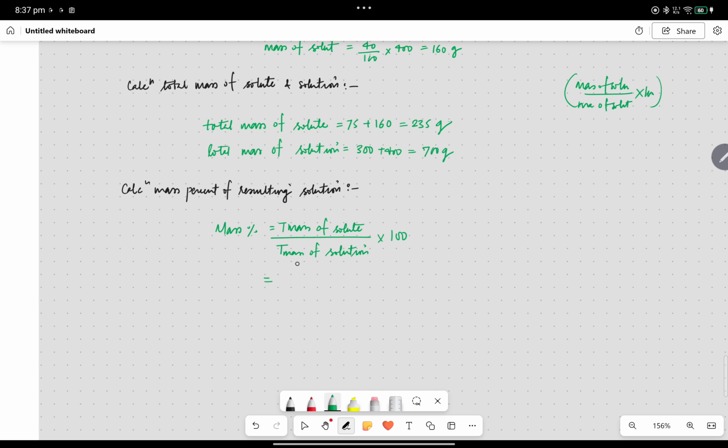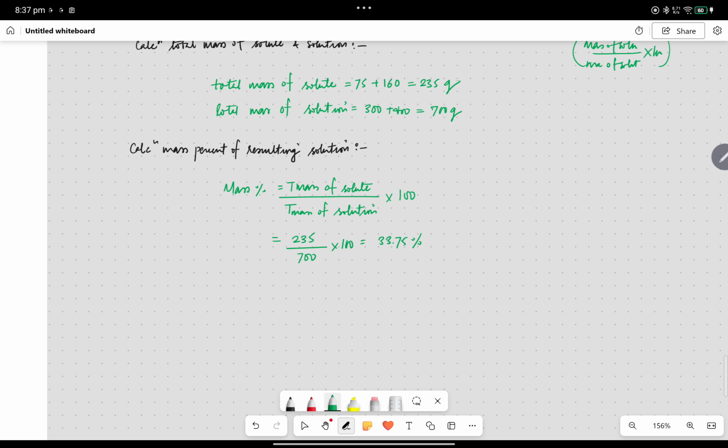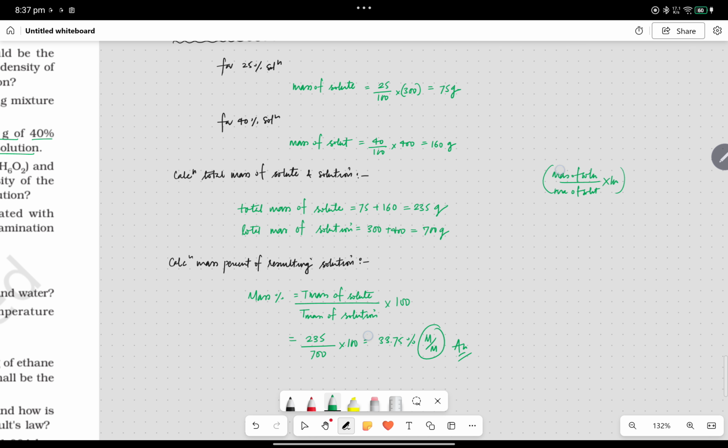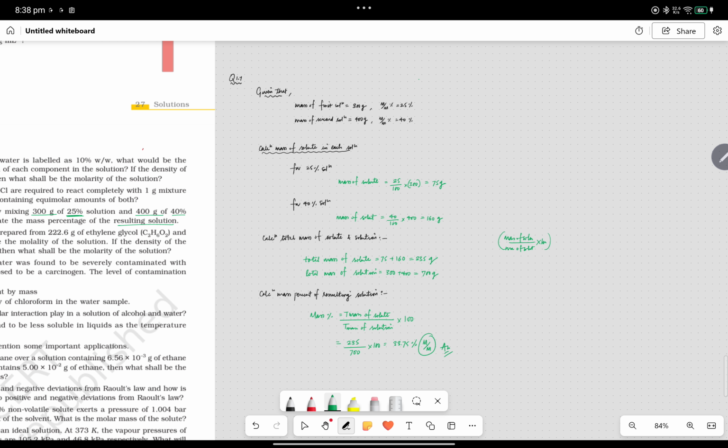And now you just have to put in the data we have calculated, and that is simply 33.75%. Simple. And that is the final answer that you are going to get, that is mass by mass percent. Okay, so now you can see the whole answer that is given here.